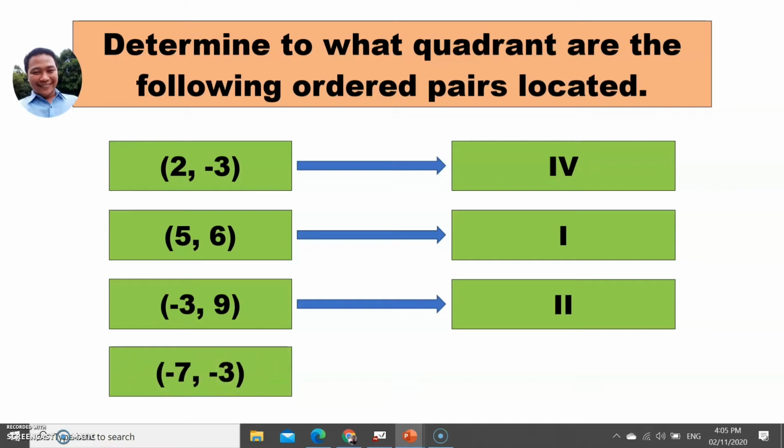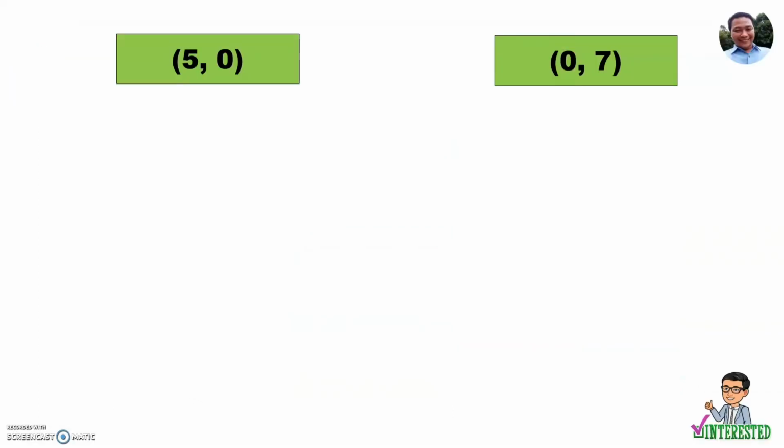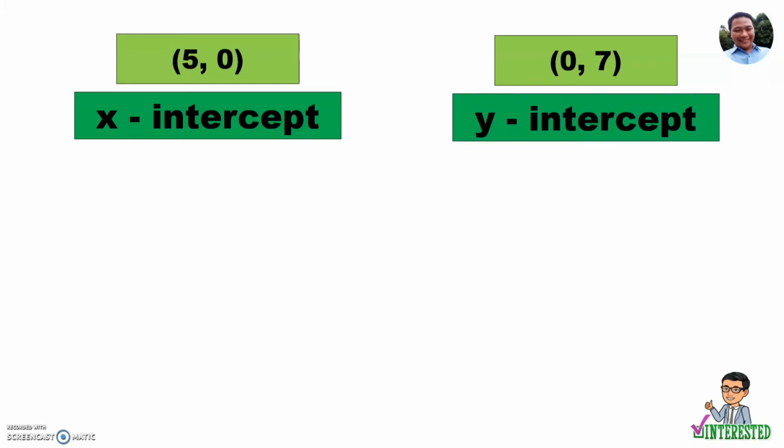How about (-7, -3)? The value of x is negative, the value of y is negative. So it is located on the 3rd quadrant. Very good. So (5, 0) lies on the x-axis, (0, 7) lies on the y-axis. Now if a point lies on the x-axis, we call that an x-intercept, while the point that lies on the y-axis, we call a y-intercept.